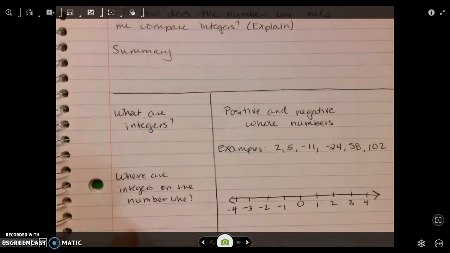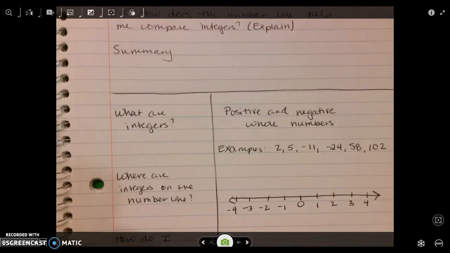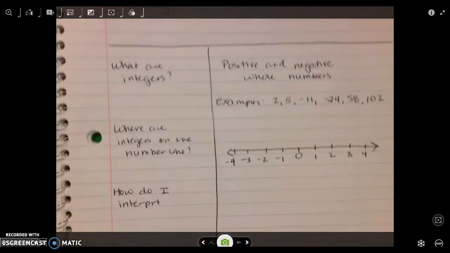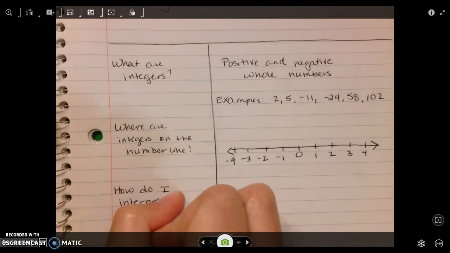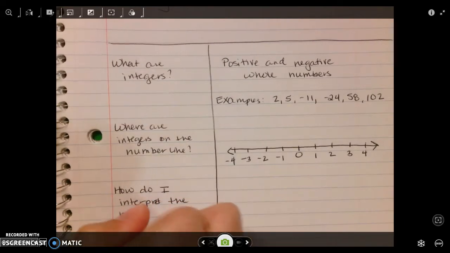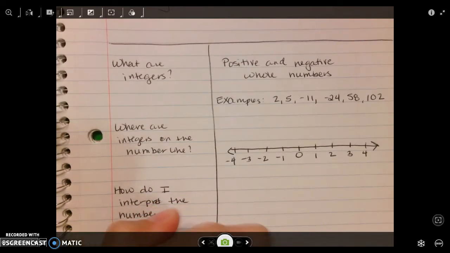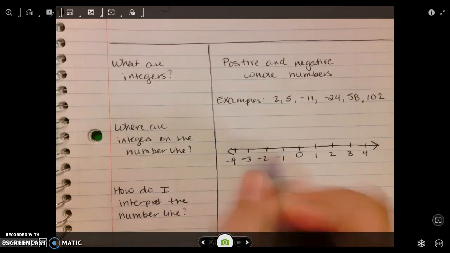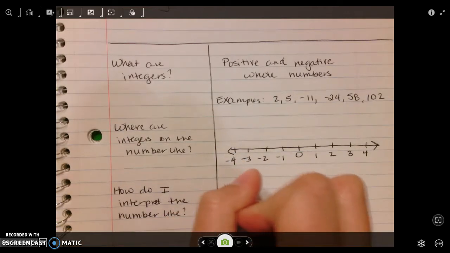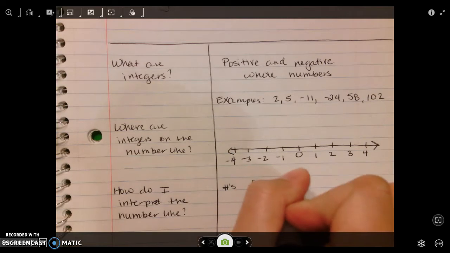So how do I interpret the number line? Let me move this up for you. Interpret the number line. Numbers farther to the left are smaller.